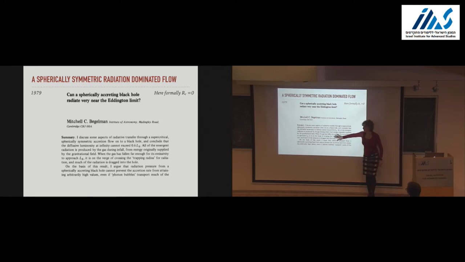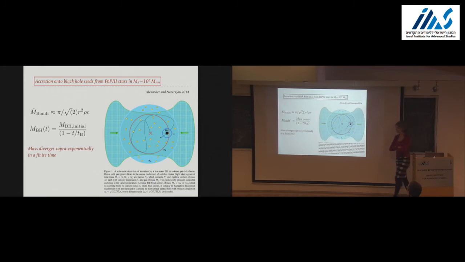And the version of this in which the accreting black hole is instead moving, but otherwise it's the same picture, is the one proposed by Tal Alexander and Priya Natarajan, to have Pop III seeds accreting at a super-exponential rate. So what is the picture? These are the large cold flow rates I mentioned before, 10^-2, 10^-3 solar masses per year.